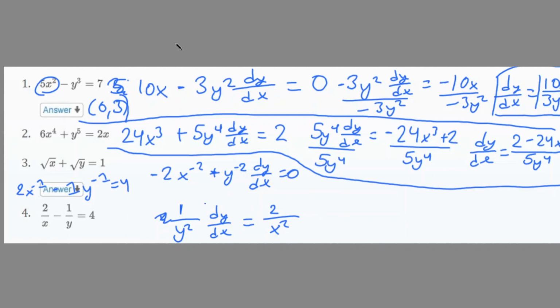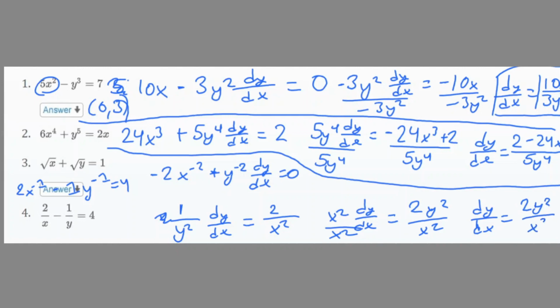So if we cross multiply, we're going to have x squared dy/dx is equal to 2y squared. And now we just divide by x squared on both sides. So our final answer is going to be dy/dx is equal to 2y squared over x squared.